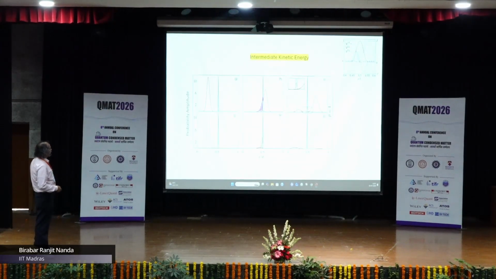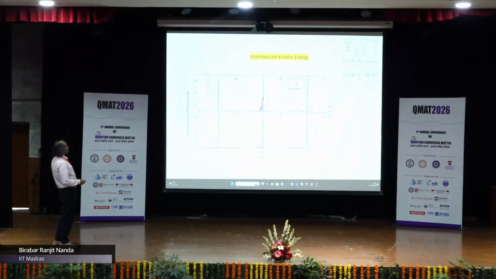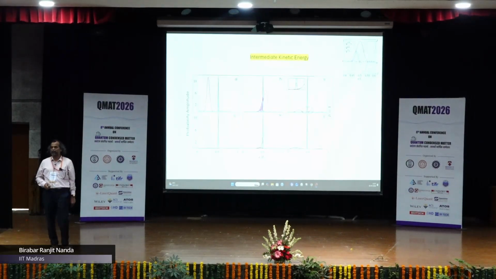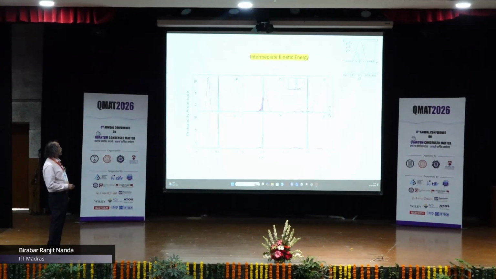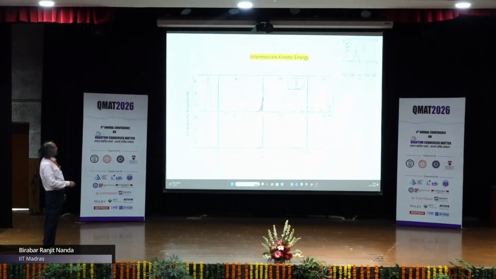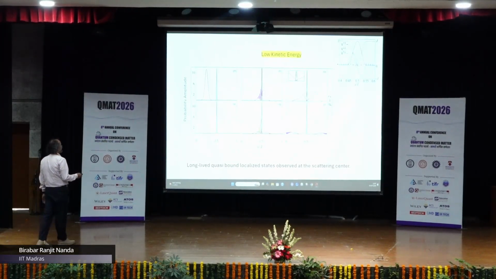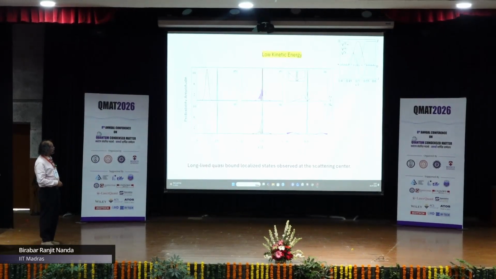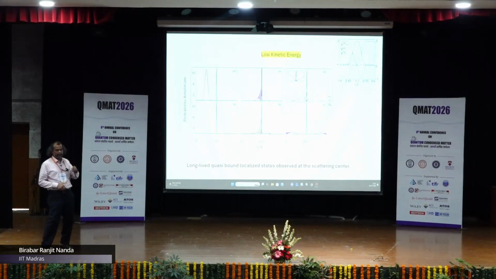Then we reduce the kinetic energy. As I reduce the kinetic energy, I saw a large chunk lying inside the skyrmion potential. It is lying there for a longer time, but eventually after a period that also vanishes. However, I further lowered the kinetic energy. This stayed for a longer period, which we have defined as a long-lived quasi-bound localized state.